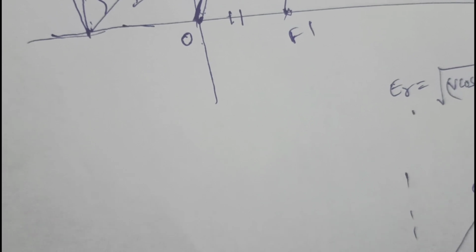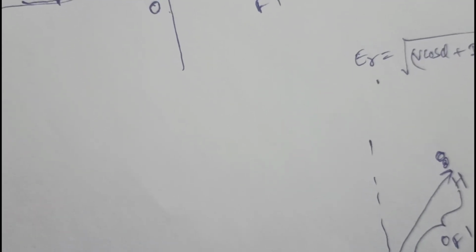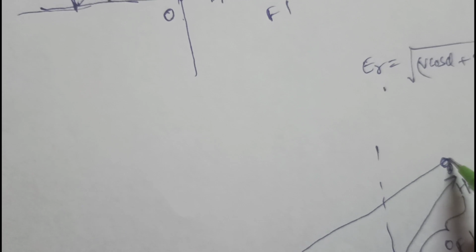This HG is called OF dash. We get one point. From the origin, add these two points.